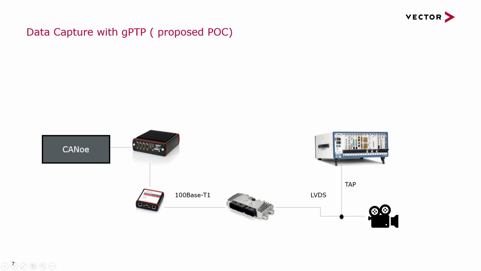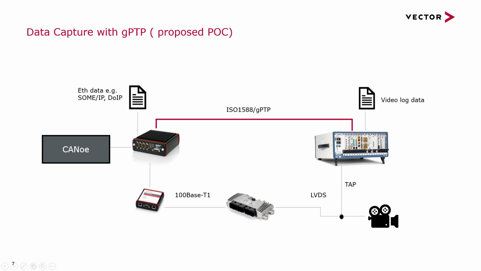And here it is CANoe. And now the two setups, of course, are synchronized over the gPTP link, and thus producing two separate log files. The log file on the NI setup carrying the video data, and the log file on the Vector side, of course, carrying SOME/IP and the rest of the Ethernet data. But the two log files are fully synchronized.